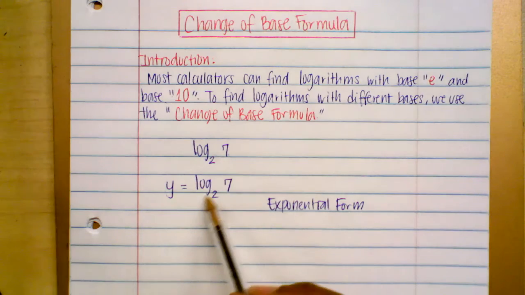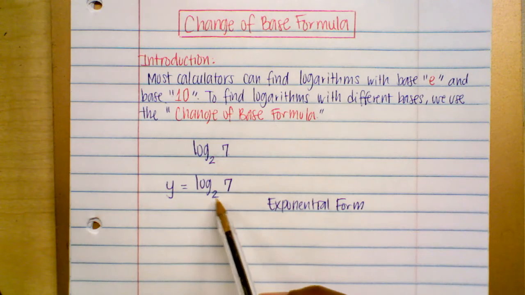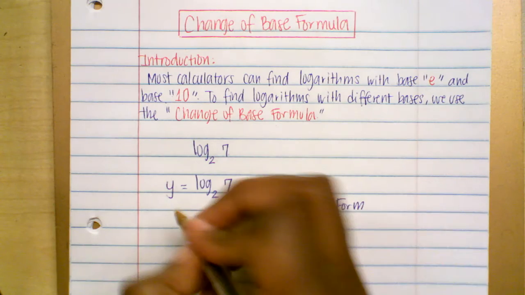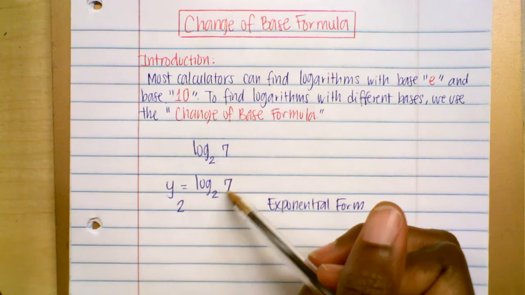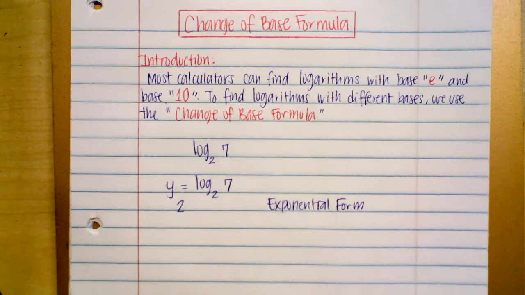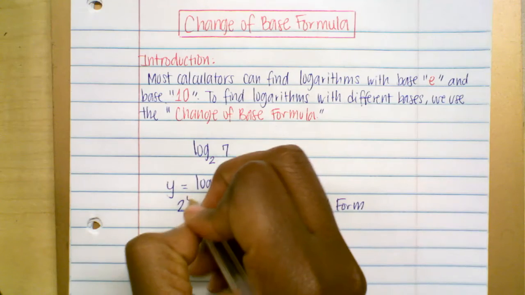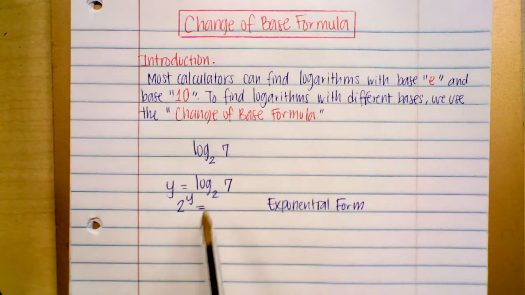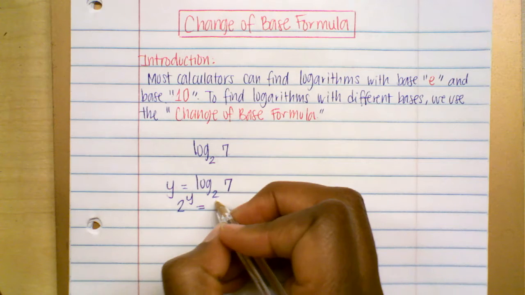Since the base is 2, I'm going to start with 2. And remember, log equals exponent. So the exponent is going to be y, and it equals the final answer, which is 7.